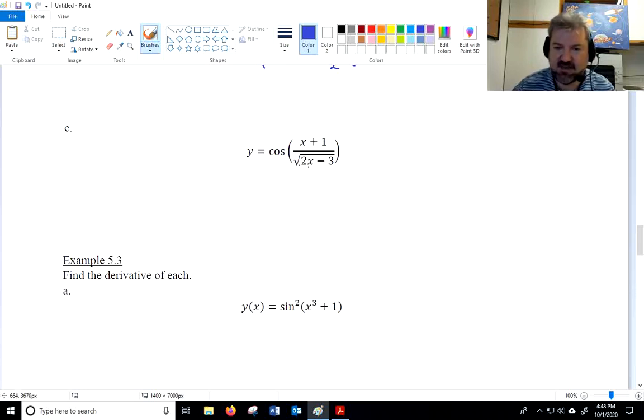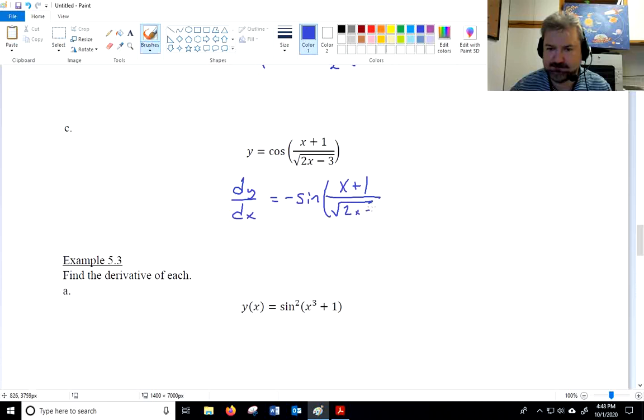Cosine of x plus 1 over the square root of 2x minus 3. So dy dx is equal to the sine. The derivative of cosine is negative sine. And this stays exactly the same. Then I multiply by the derivative of the inside, and we should have probably rewritten that as x plus 1 over 2x minus 3 to the 1/2. So I'm gonna do that right here.